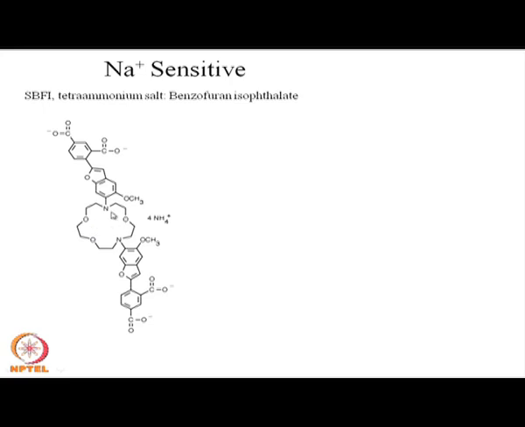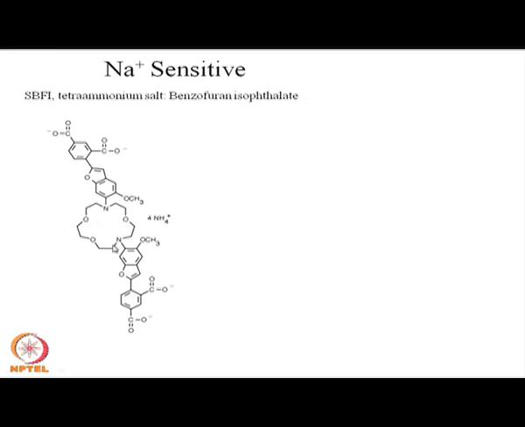This is a cavity where your ion can enter into and get sensed.